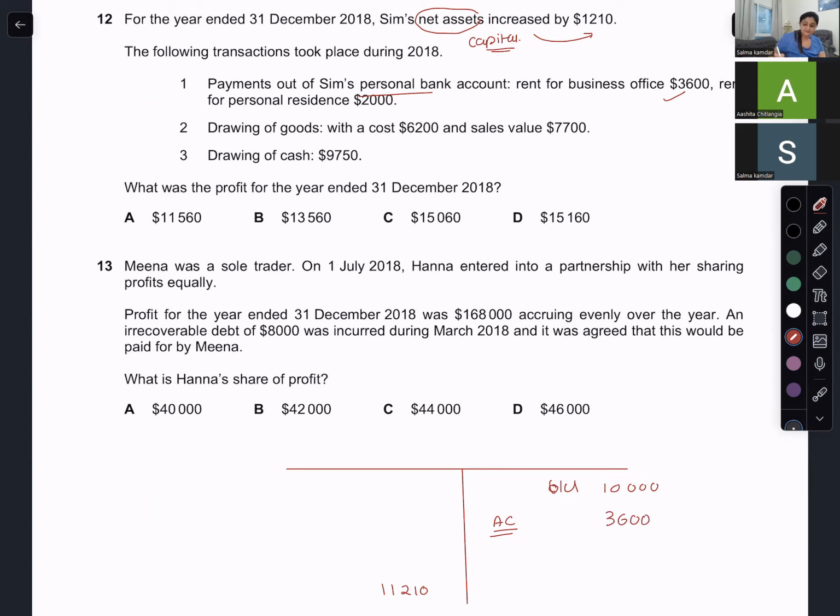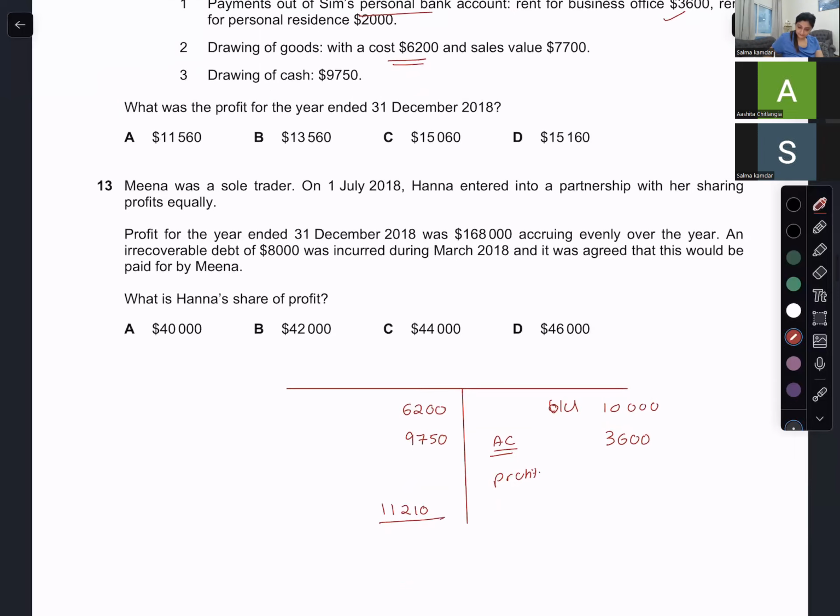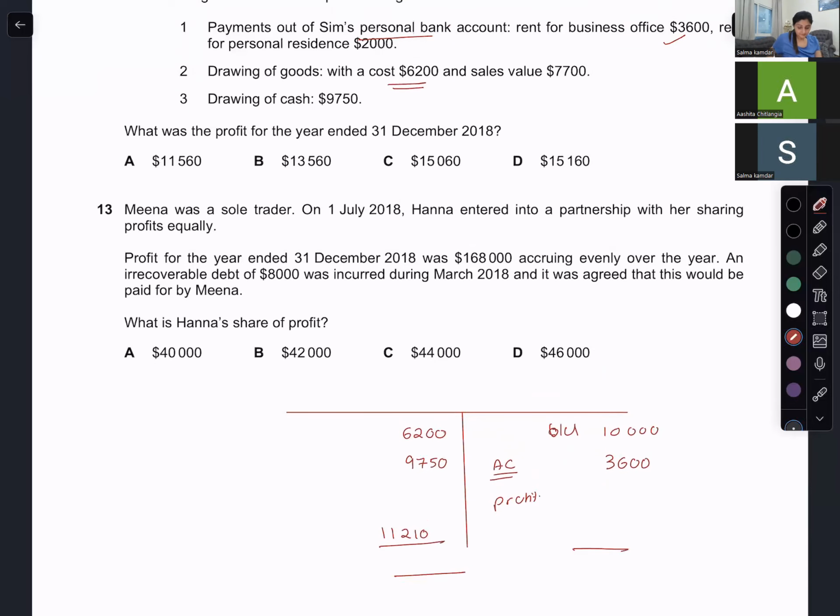Then there is drawings of 6200, and cash drawings of 9750. What is the profit? 11,210 plus 9,750 plus 6,200 is 27,160, minus 10,000 minus 3,600.